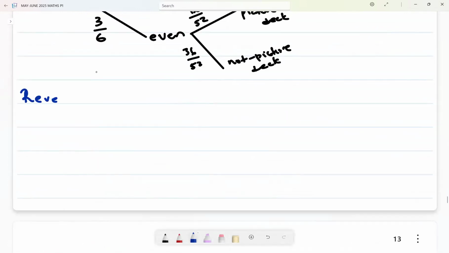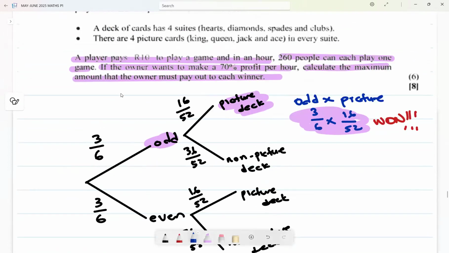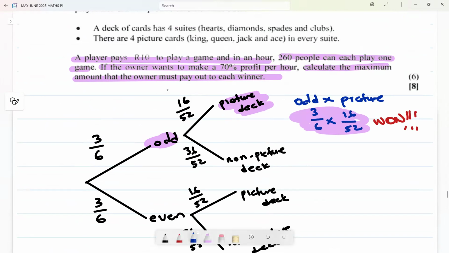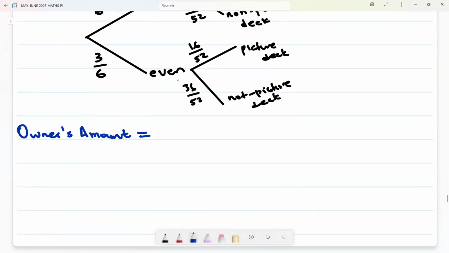Revenue. Revenue is the amount that the owner will have from each participant, the amount paid by each player.